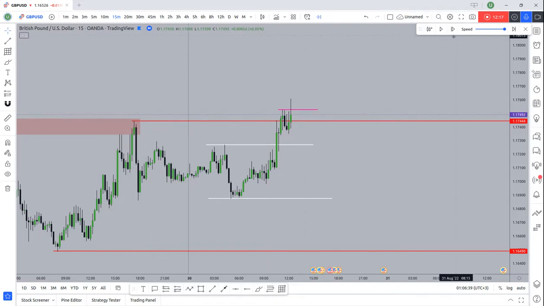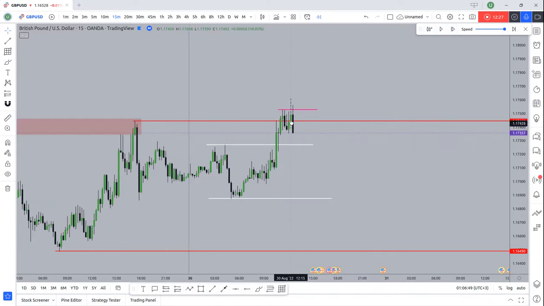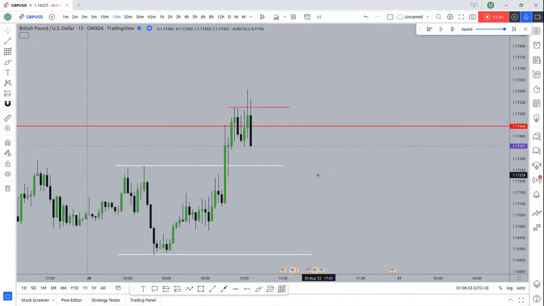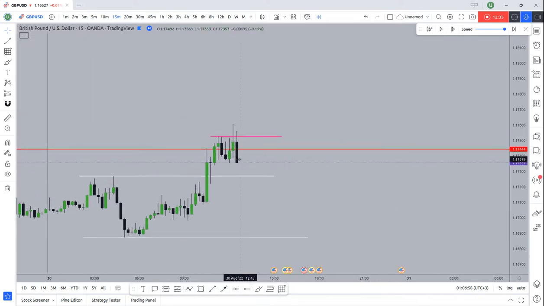Okay, so I'm still waiting. First grab of liquidity and a second. All right, you see this candle? On this candle, let me zoom in again. We took out liquidity and we broke the low of this candle.